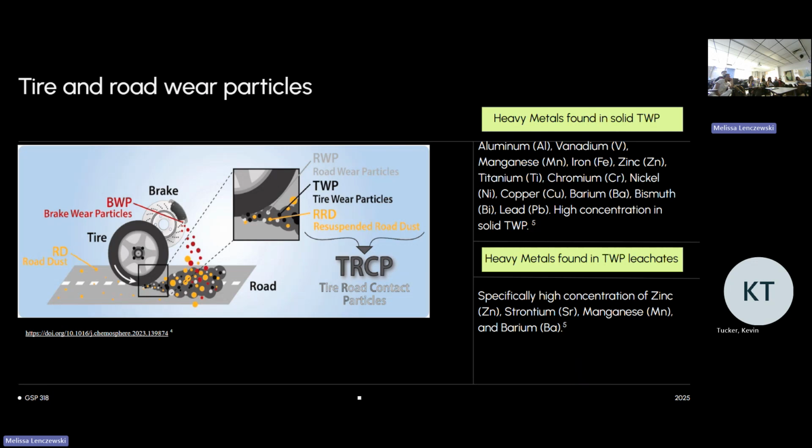And the heavy metals that we found from a study, they just did the actual tire particles and not the leachate yet. So in the actual tire particle, it is aluminum, vanadium, manganese, iron, zinc, titanium, chromium, nickel, all these. You guys know these elements. And then heavy metals found specifically in the leachates were high concentrations of zinc, strontium, manganese, and barium.